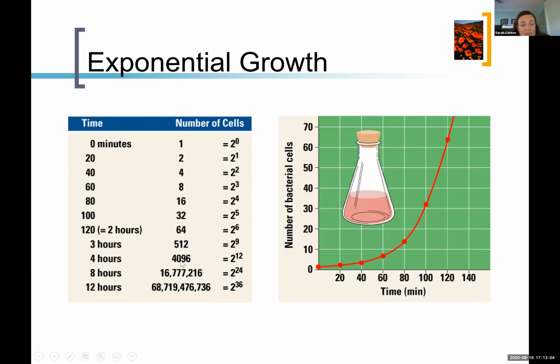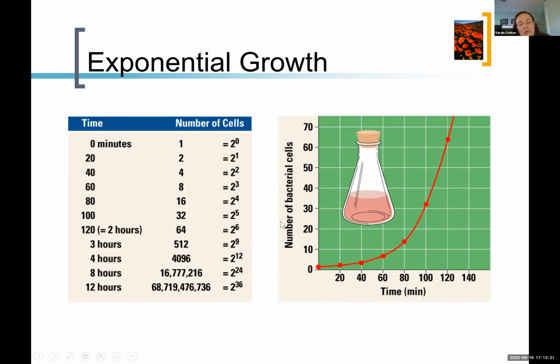That becomes over 4,000 after 4 hours. And by the time we get to 12 hours, that's almost 69 billion. This is why you don't want to eat leftovers that have been sitting around on the counter for too many hours, because bacteria grow fast.